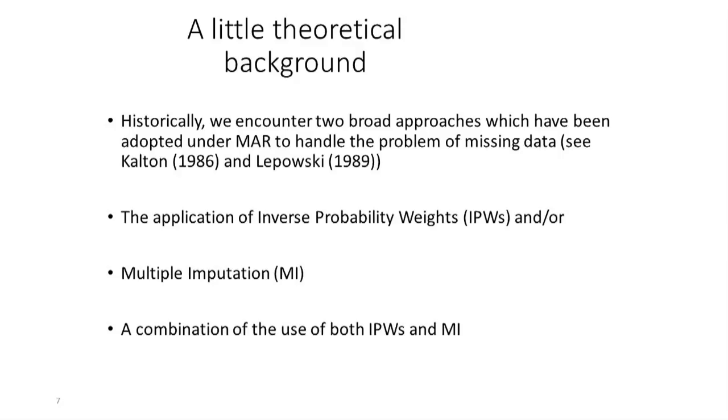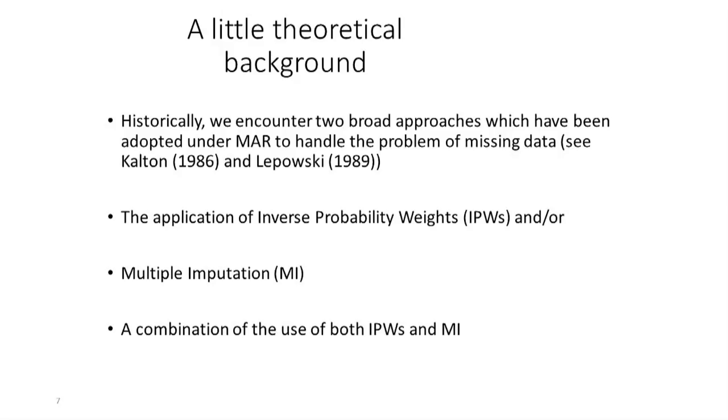Okay, just a couple of words of theory. We've seen since the 1990s an emergence of multiple imputation methodology, and I'm not going to go into very much detail today. But also, the old survey methodology tradition, which I was raised on, was the use of inverse probability weights to adjust for those who attrit.